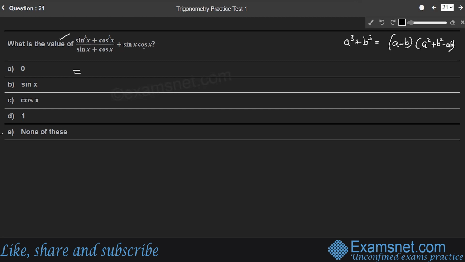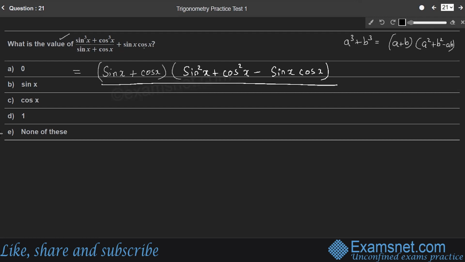Applying it to sin cube x plus cos cube x, it becomes a plus b, which is sin x plus cos x, into a square plus b square, here a square is sin square x plus b square is cos square x, minus ab, sin x into cos x, divided by sin x plus cos x, plus we have another term, sin x into cos x.